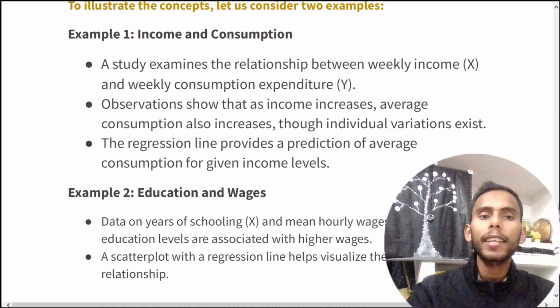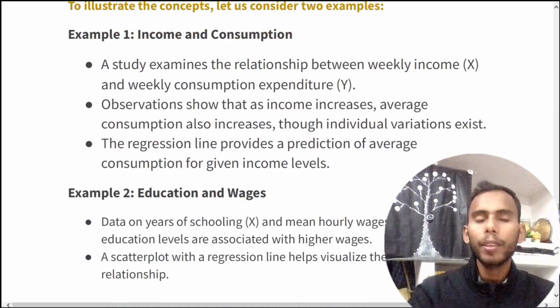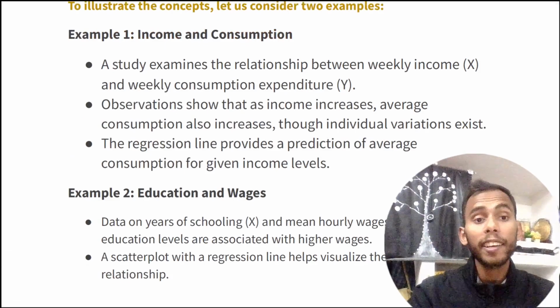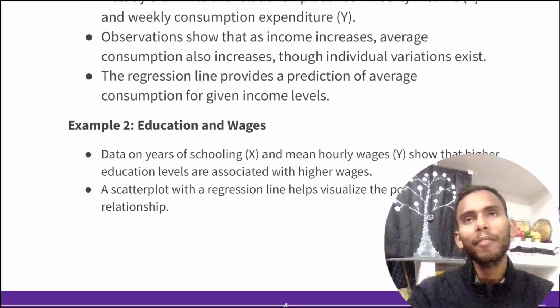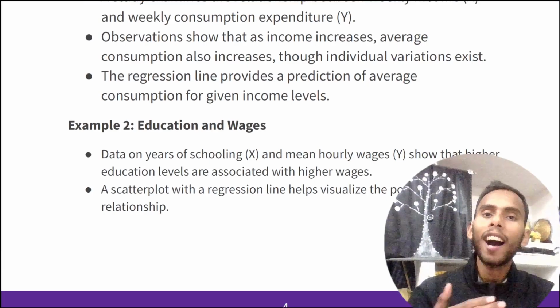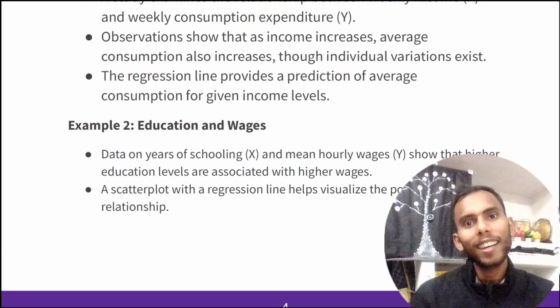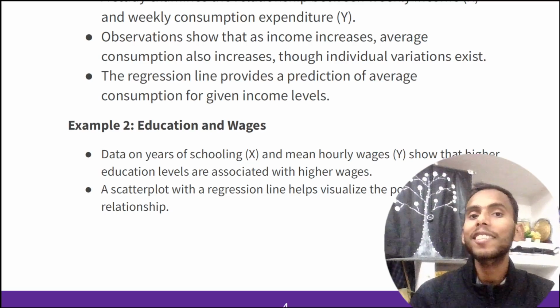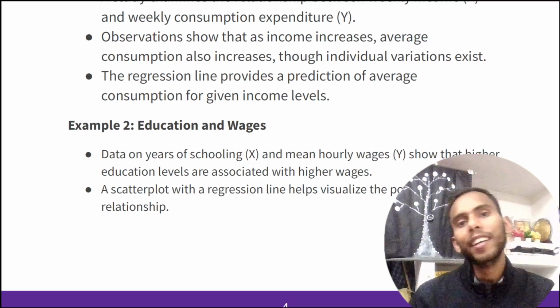As we mentioned, there can be examples of income and consumption when we were talking about the two variable regression analysis, and also education and wages. For example, if we have higher years of education, is our wage increasing significantly or not?